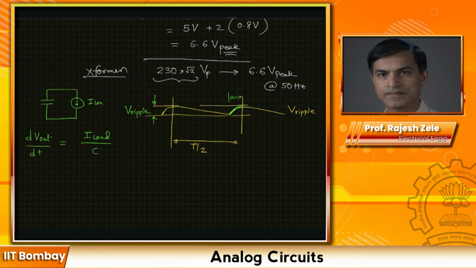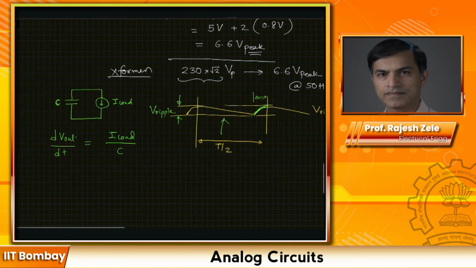So this is your I load and this is the capacitor C, and this curve is going to give us dV out by dt. So with all the approximations we have made, dV out is equal to V ripple. What is dt? dt is the time period, which is T divided by 2, and that is given by I load divided by C.